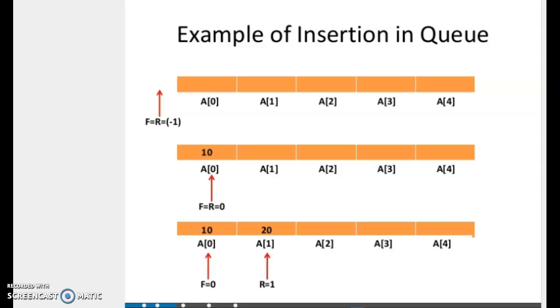Initially क्या होगा? दोनों -1 होंगे. जब आप कोई वैल्यू इंसर्ट करोगे तब F और R दोनों की वैल्यू क्या हो जाएगी? 0 पोजिशन बराबर. और आप क्या करोगे? डेटा इंसर्ट करोगे. अभी क्या होगा कि जब जब आप वैल्यू इंसर्ट करते जाओगे रियर पॉइंटर will be incremented. As I told you, your R will be incremented by 1. Again if you are inserting 30, then your R will be incremented by 1, and so on.